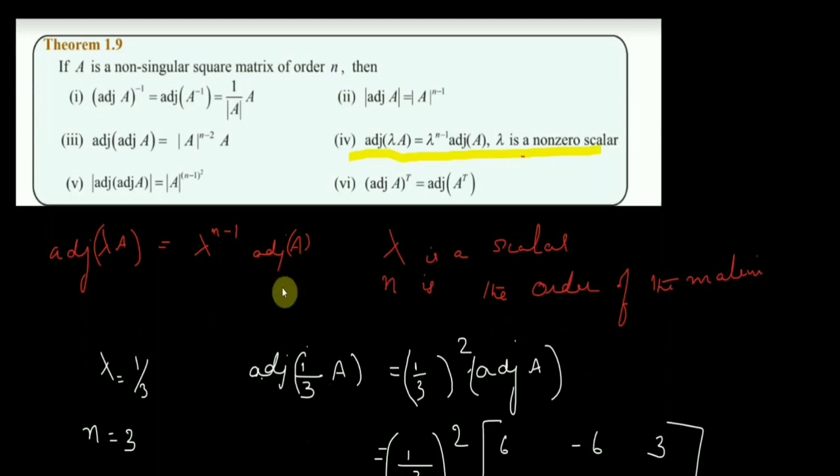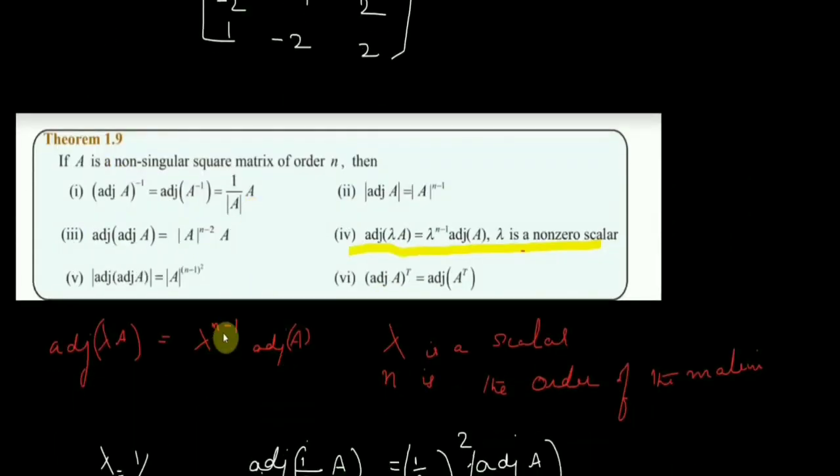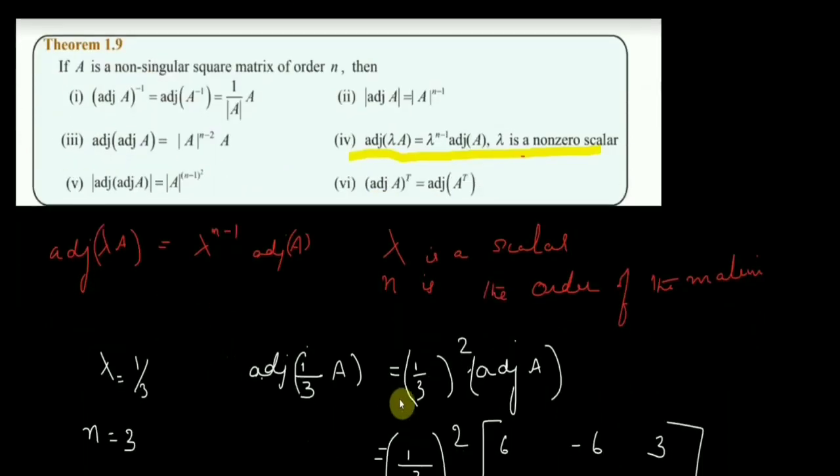N is 3 because the order of the matrix is 3 by 3. If it is a 2 by 2, use n as 2. So it is lambda power n minus 1. Lambda is 1 by 3. N is 3, so 3 minus 1, 2, into adjoint of A.